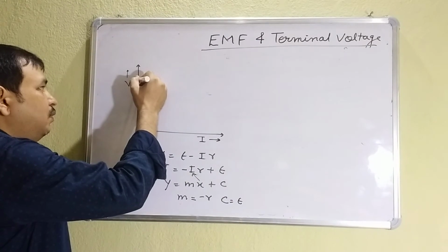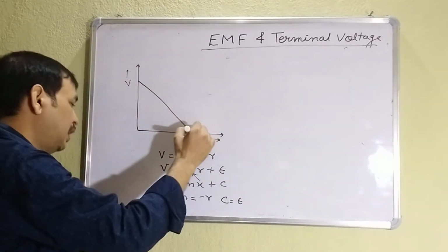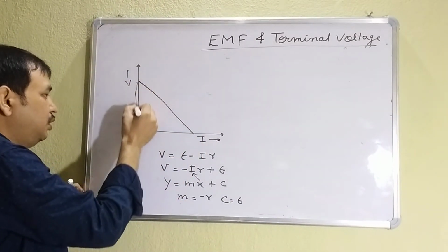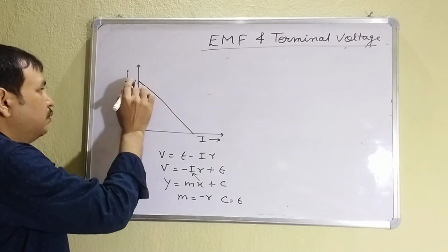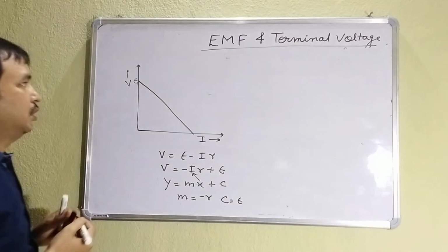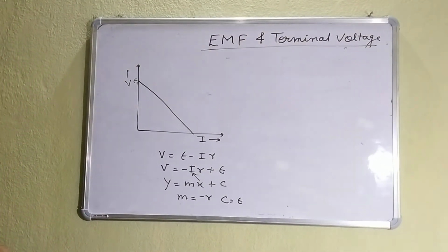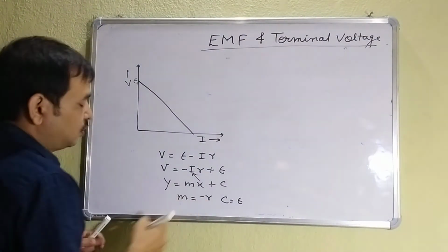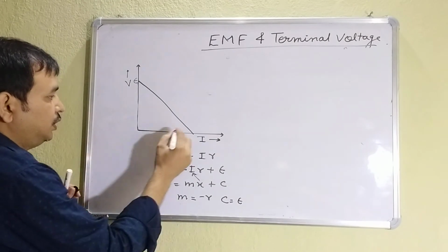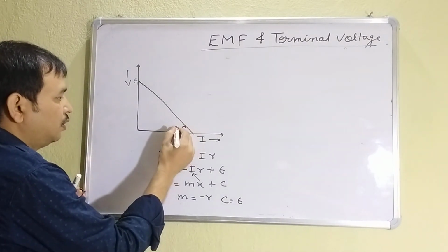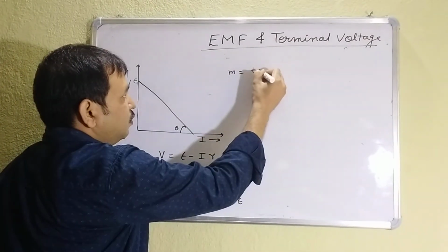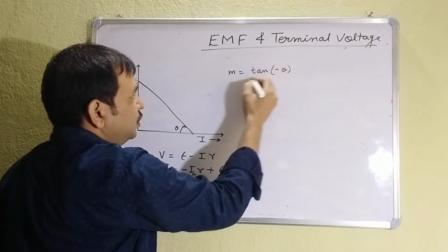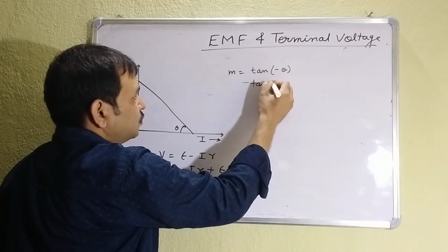So when you are drawing the line, the intercept on the y-axis is known as EMF. I am writing this as EMF. And this slope, suppose this angle is theta. So what is the slope here? Tan of minus theta, means minus tan theta.